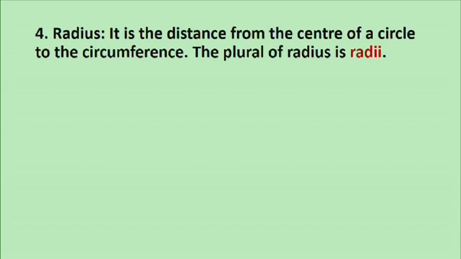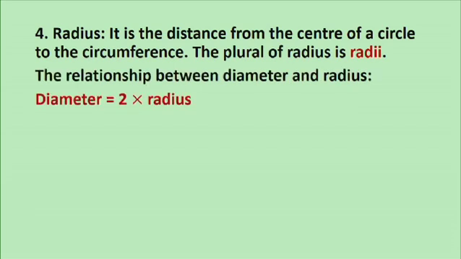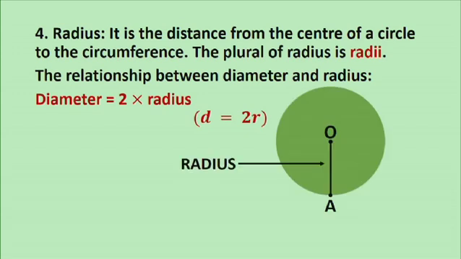The plural of radius is radii. The relationship between the diameter and radius is: the diameter is equal to 2 times the radius. We will use this simple formula in our upcoming examples, that is, d = 2r, where d represents the diameter and r represents the radius. This is the radius.